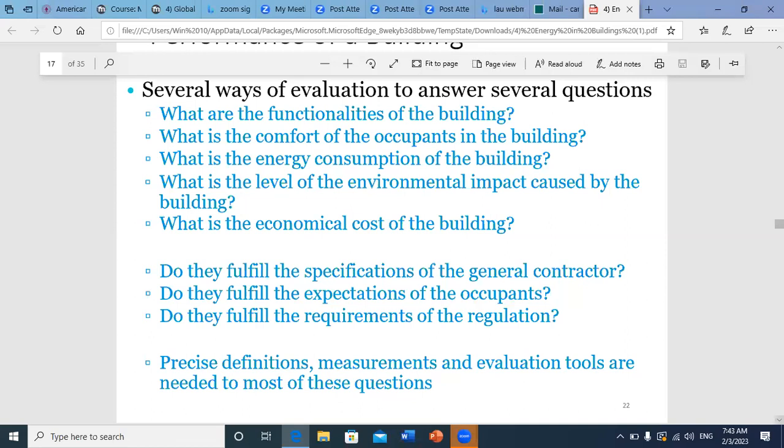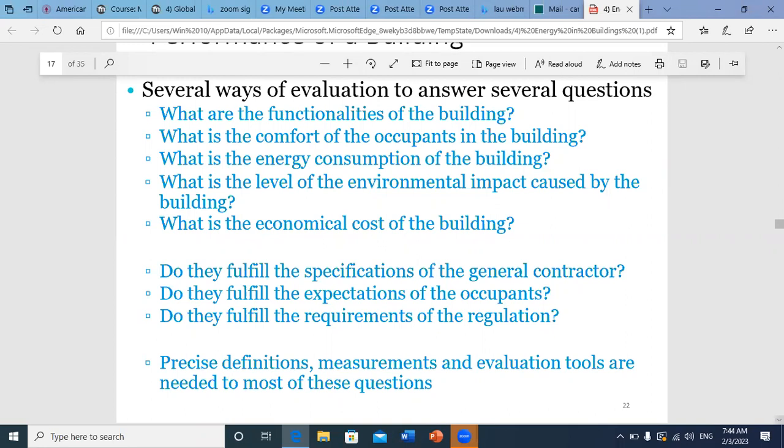What is the level of the environmental impact caused by the building? As we discussed, whenever we do a design, we should tackle economical, social, and environmental effects. So we should always make sure that we are not causing harmful effects to the environment.